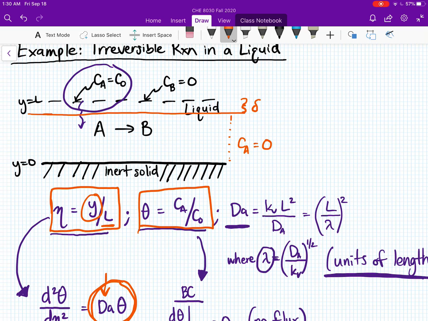And so it serves me no purpose to model my problem as if I now have this finite boundary out here as my inert solid, when in fact, for the majority of this 0 to L thickness, I have no concentration of A. And so the first thing we're going to do is use an order of magnitude analysis to determine what that scale of delta is, get an estimate of what that number is.